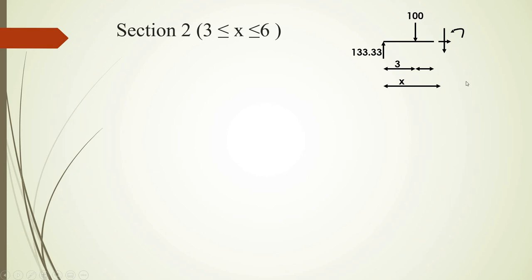The distance from the extreme left up to the point where the section is being cut is x. Some people would take this distance as x, and that is not wrong, but this is more convenient, so I'm going for this one. If this whole distance is x and this one is 3, this leftover distance should be x minus 3. So I'll write that here.